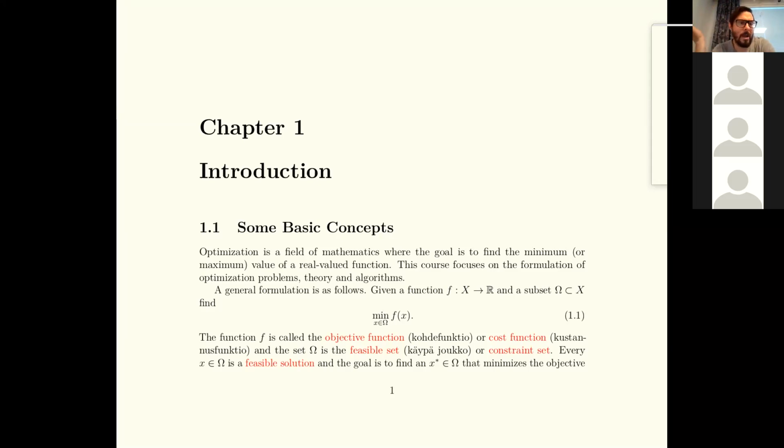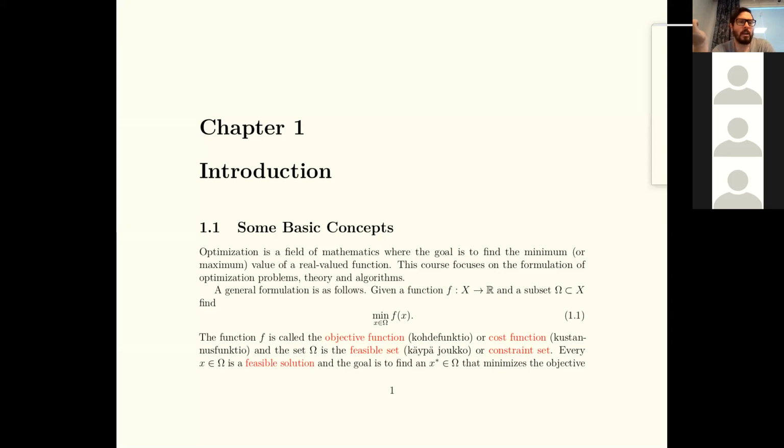You look at the map, and you want to find the route that takes the shortest time to travel to the university campus. This would be your f of x, the time it takes to travel through the route, and x is some path on the map, however you define that.